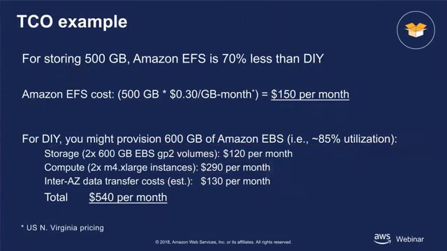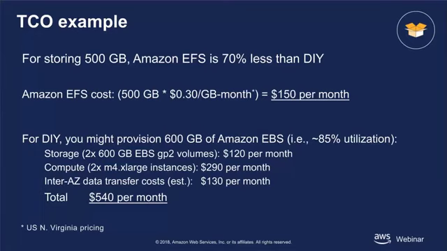So let's look at a quick example. To store 500 gigabytes at 30 cents per gig per month, it will cost you $150 per month with EFS. To do the same thing, building it yourself, considering the necessary over-provisioning so you have enough storage, it will cost about $540 per month.